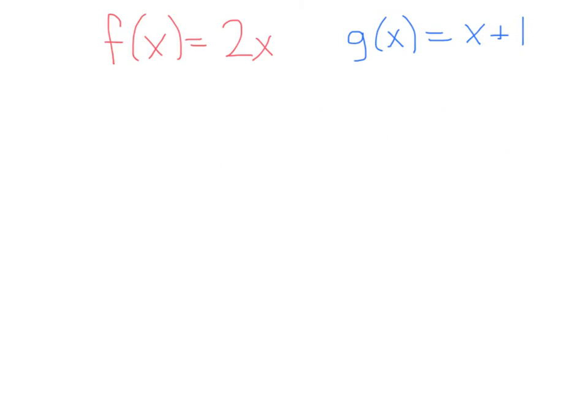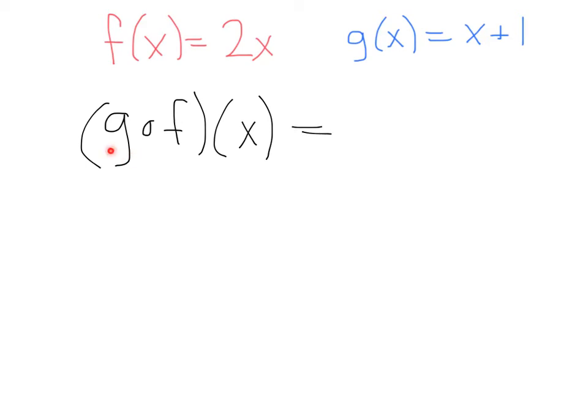Let's try finding the function g of f of x. Alright, this time our primary function is our g function. So I'm going to take this whole g function here and I'm going to write, instead of my x, I'll give myself parentheses because I know I'm going to be plugging something in for that x, and then I still have this plus 1.